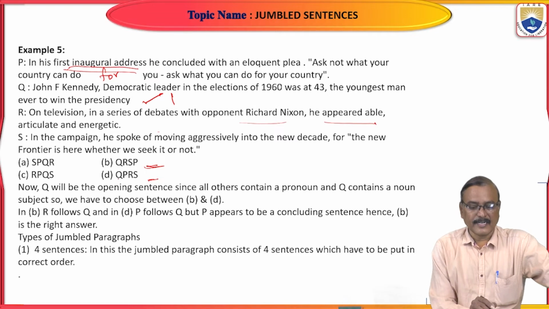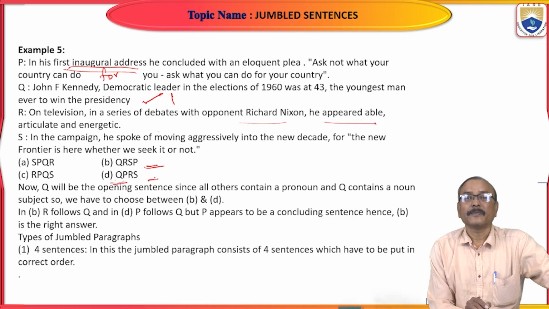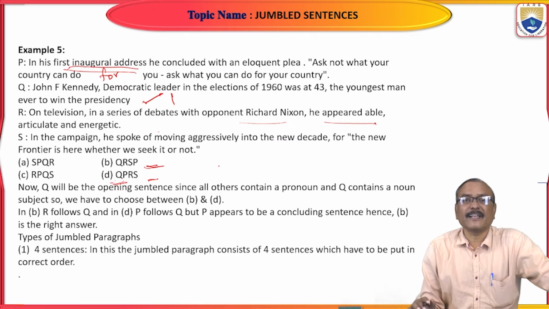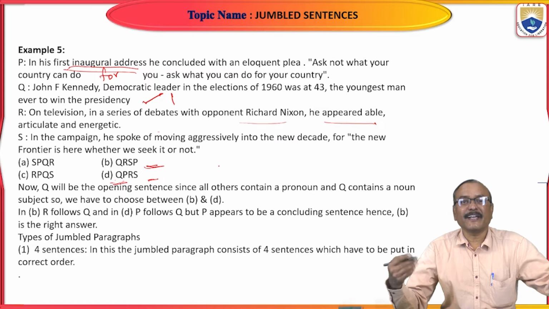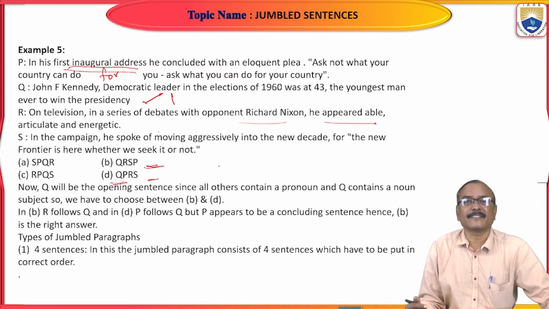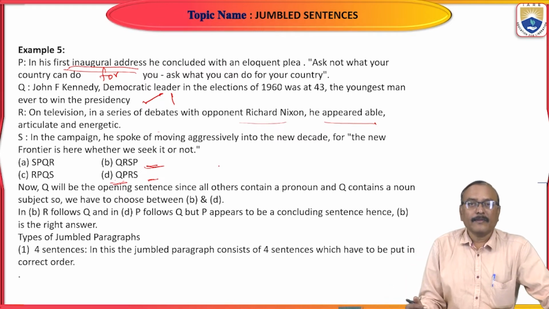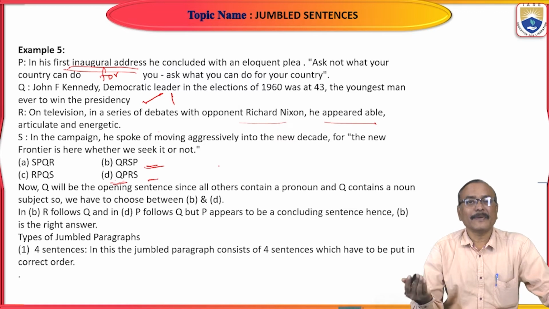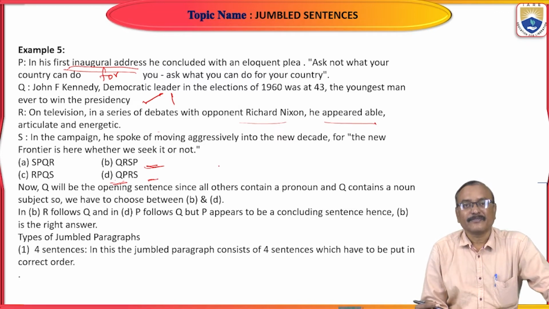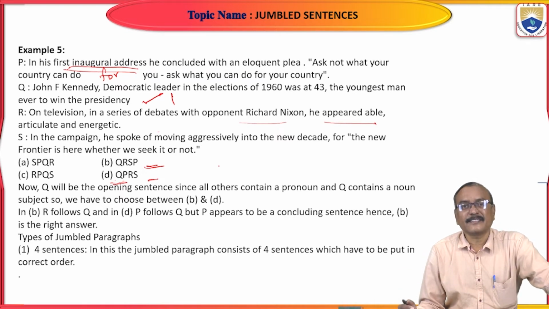D is not correct. Why? After Q, P is not possible. When does a person give an inaugural address? After getting elected. But before that, campaigning should be there. First, they have to get elected in the elections.